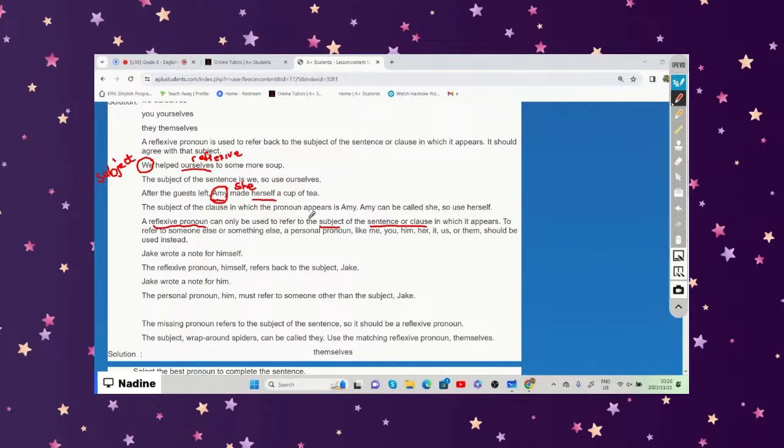And to refer to someone else or something else, a personal pronoun like me, you, him, her, it, us, or them should be used instead. However, our reflexive pronouns, like herself, himself, itself, refer back to the subject within the sentence.